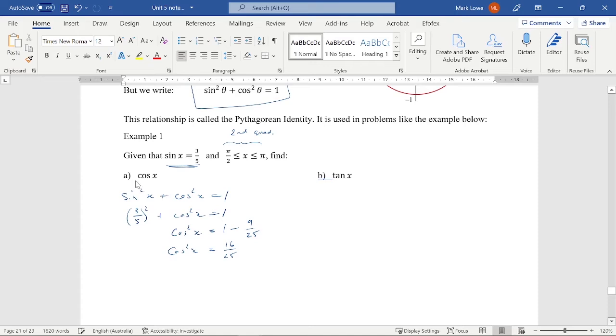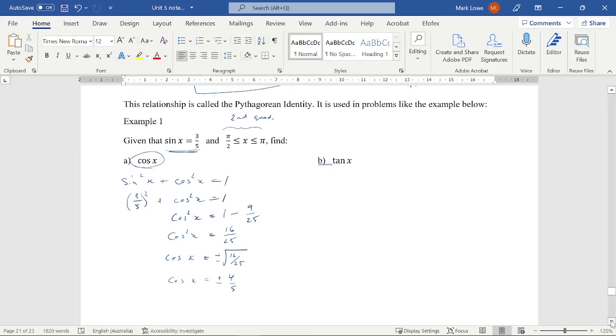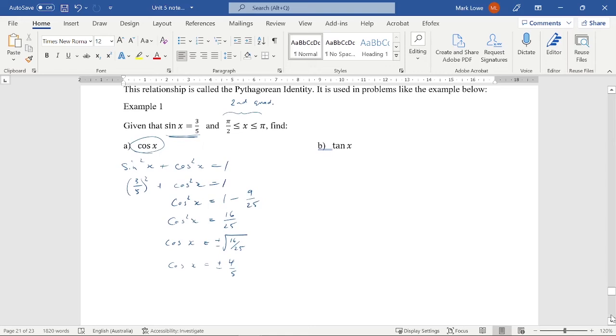We want to find what cos x is, so we need to undo that squaring. So cos x will equal plus or minus the square root of 16/25, which is plus or minus 4 over 5, taking the square root of both the 16 and the 25. However, this is where that whole second quadrant bit comes into it, because we know that x is between pi on 2 and pi.